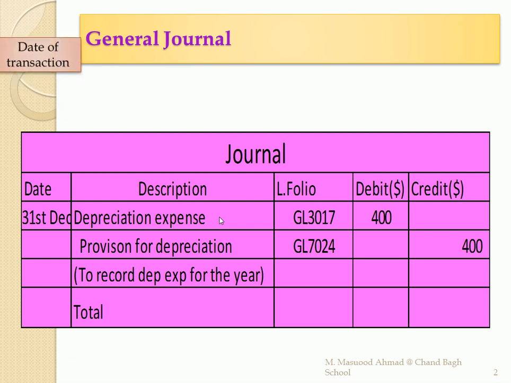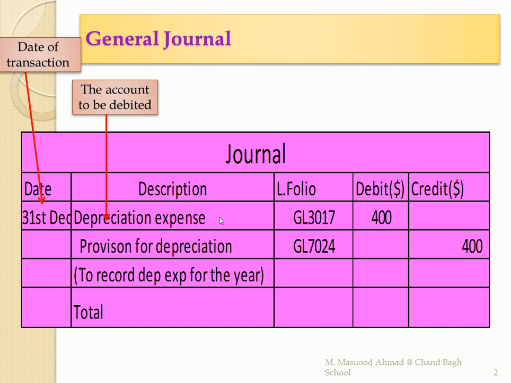In the first column, as I have told you, the date of the transaction is written, like 31st December, and then the account to be debited is written on the first line. So here is the name of that account, the depreciation account. In the ledger folio, as I told you, is its roll number in the accounting system, like the roll number of a student in school.